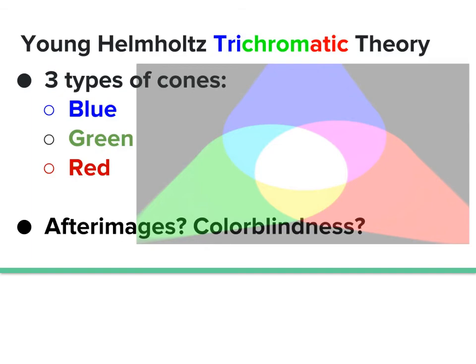Remember that I try to avoid saying that each of these cones specializes in a color, at least at this point, to avoid the confusion that color is something that exists. Remember, color is a perceptual construct. It's what we do with these different light waves. We perceive them and interpret them as color.